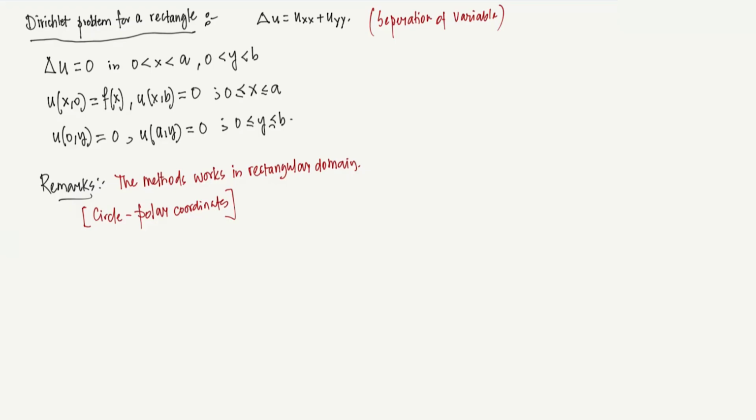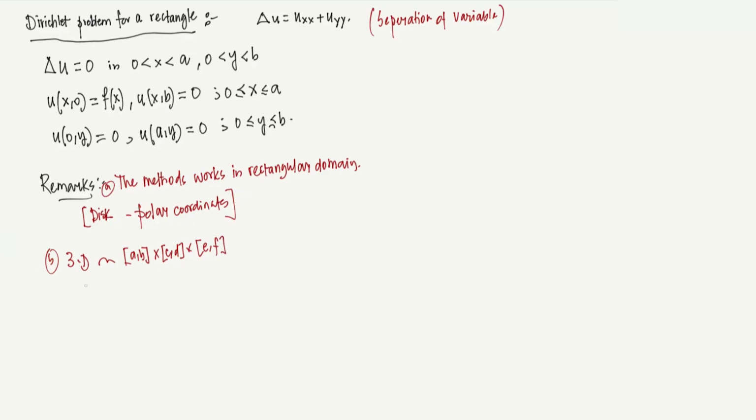If you are given an explicit rectangular domain, of course you can directly use x and y. If you are given a disk kind of domain, then you have to use polar coordinates. If you are in 3 dimensions, the rectangular domain changes to a domain like (a,b) cross (c,d) cross (e,f), a parallelepiped kind of domain.